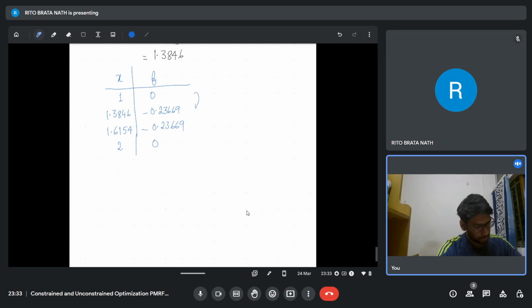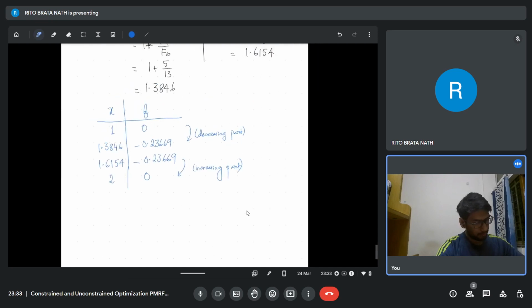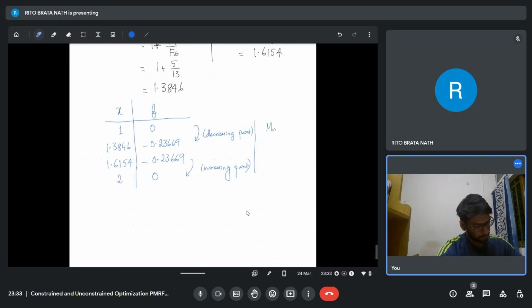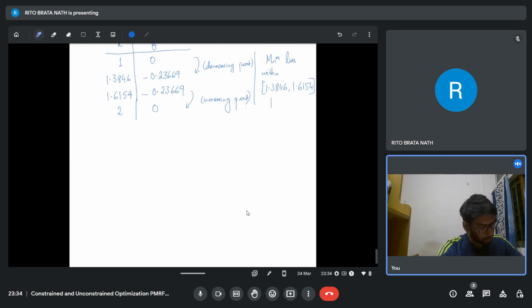So this is the decreasing part. This is the increasing part. And the function values are equal at those 2 points. So that means the minimum lies within 1.3846 to 1.6154. So this will be your interval of uncertainty after the first step.